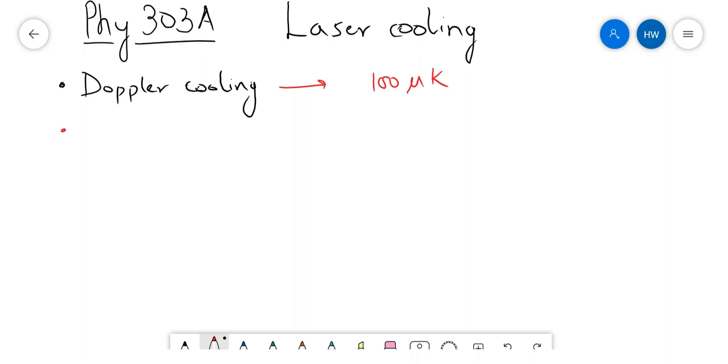There is another mechanism for cooling. It is called polarization gradient cooling, or Sisyphus cooling popularly, wherein one can actually go about 2 orders of magnitude lower and get to about microkelvin.